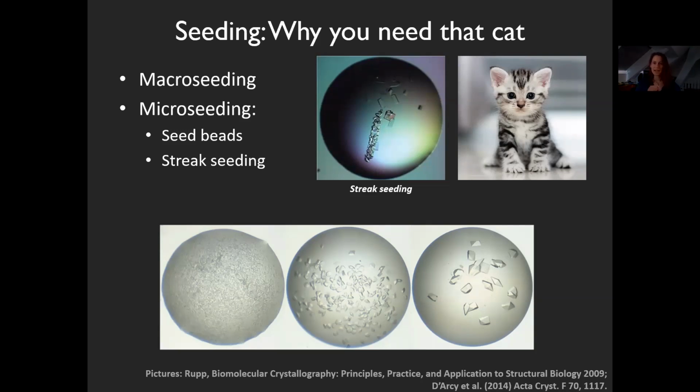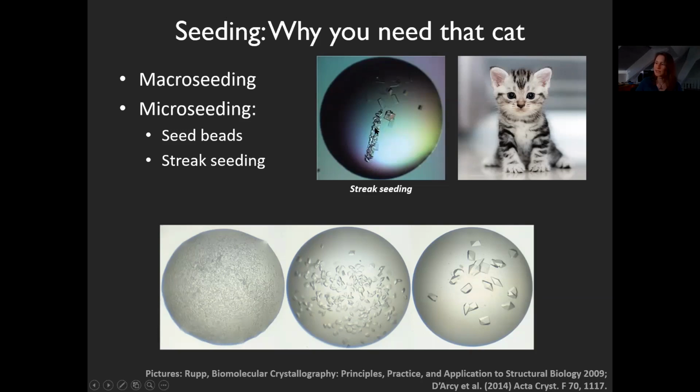So you take a cat whisker, you clean it with acetone, you glue it into the tip of a pipet tip with, you know, epoxy glue, whatever you have at home. You take your cat's whisker, you brush your existing crystal, you wash it off with millipore water, and you whisk it through several conditions while washing it in between.